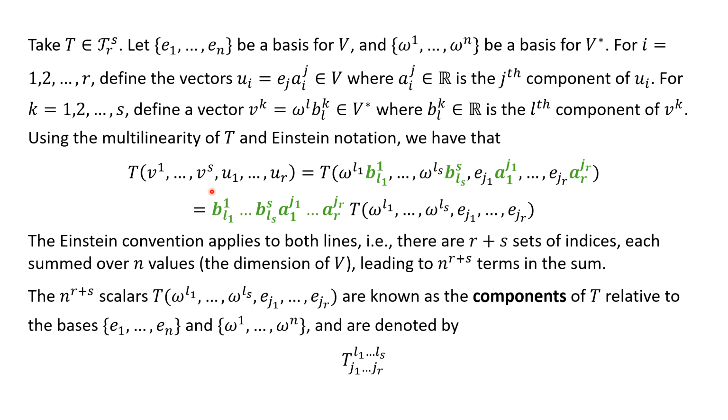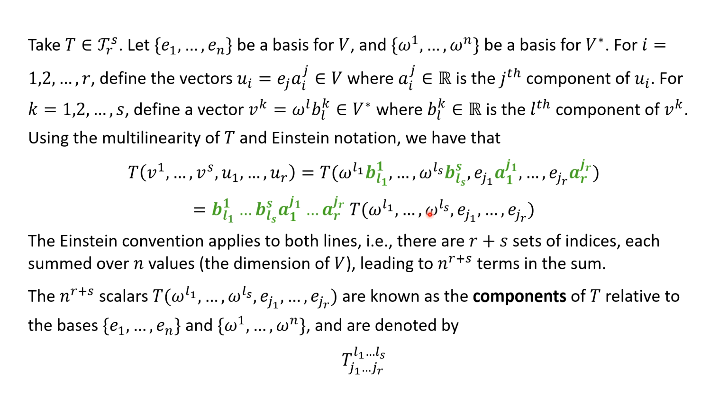What I want to do is take any set of vectors from the domain of the tensor in this tensor space, and then show how it gets mapped in terms of the basis for the vector space V and its dual V star. And that's what I have here. I'll go through the details in a moment, but the idea is to take an element from the domain and show how to write it in terms of some coefficients times the tensor evaluated across the basis elements.